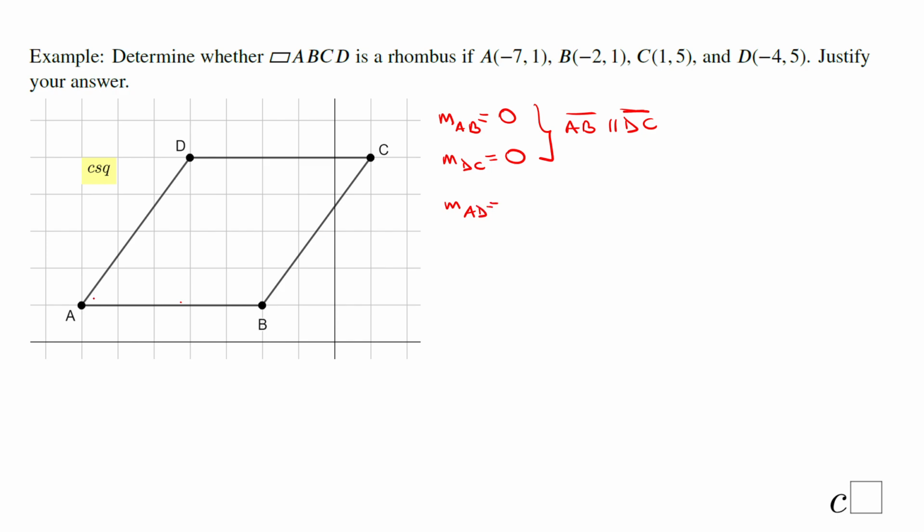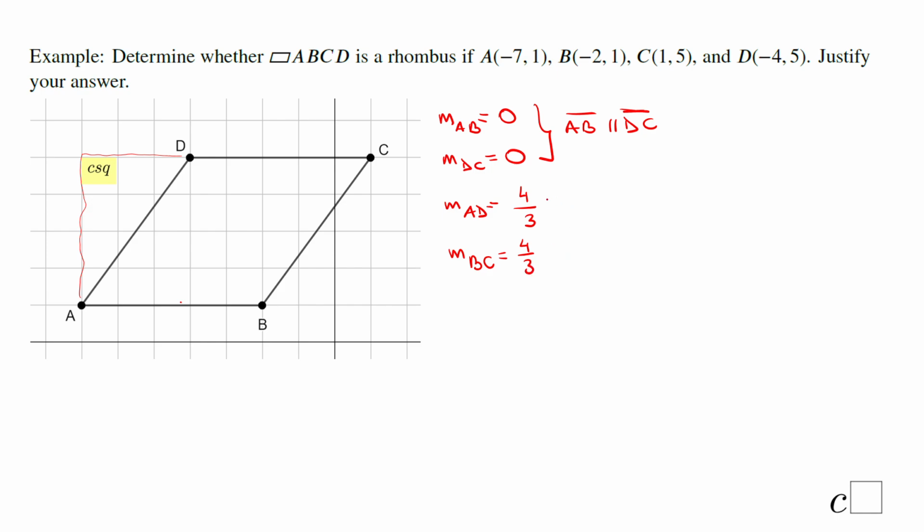Let's take a look now at the slope of AD. If you take a look, we have 1, 2, 3, 4, 1, 2, 3. We have a rise of 4, a run of 3. It goes up from left to right, so it's positive 4/3. If we take a look at the slope of BC, we have the same situation, 4/3.